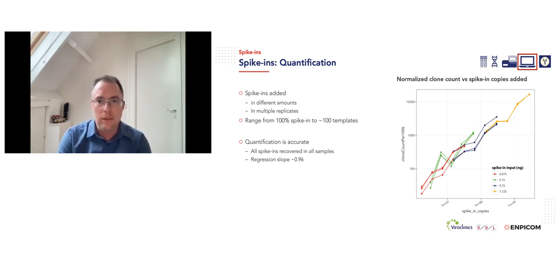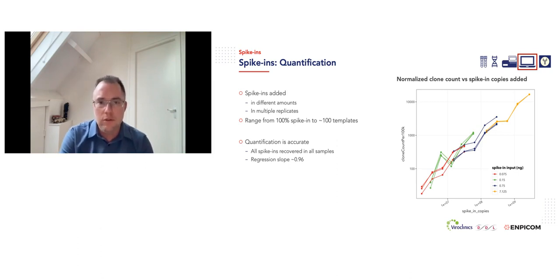Spike-ins were then processed, isolated based on their sequence, and from there we can quantify them. The lowest amount of spike-in in the end was about 100 templates at the bottom left corner, and of course the higher numbers were really quite high. We also included 1 or 2 samples of spike-in only, just to see how that would do.